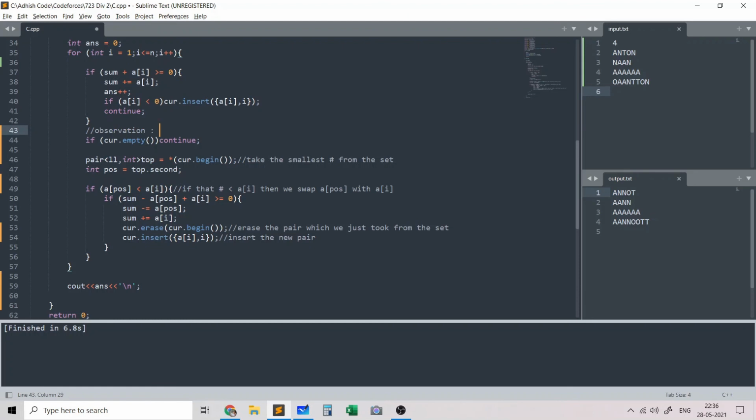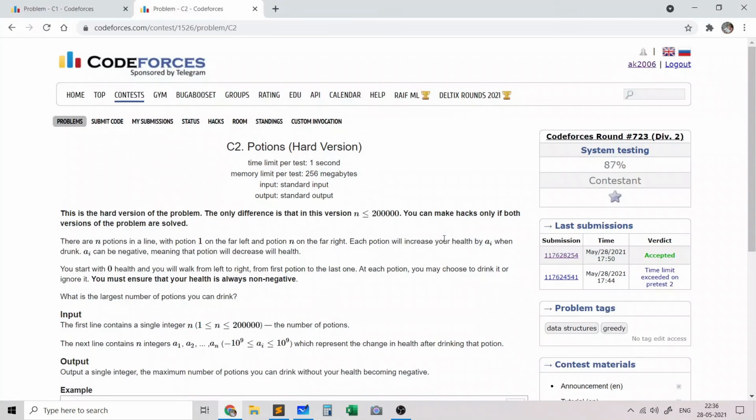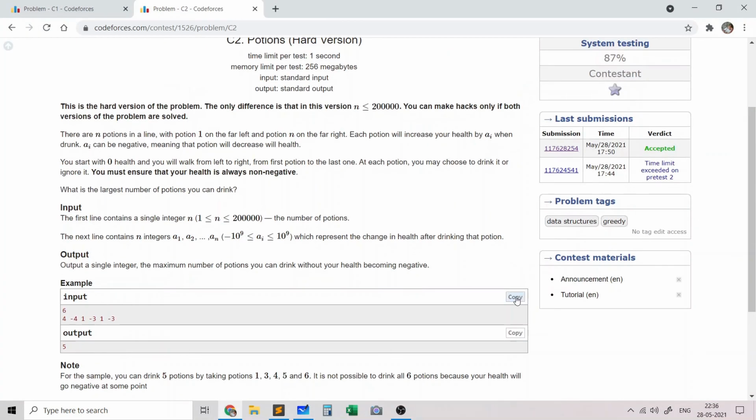The observation is basically that all positive numbers get included in the set, and based on that observation you need to only insert the negative numbers in the set, but that was not actually needed to solve the problem.